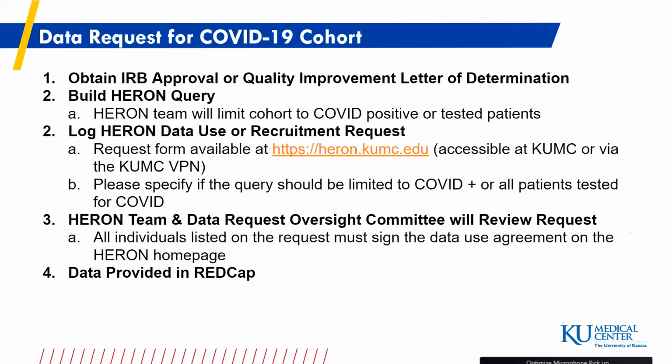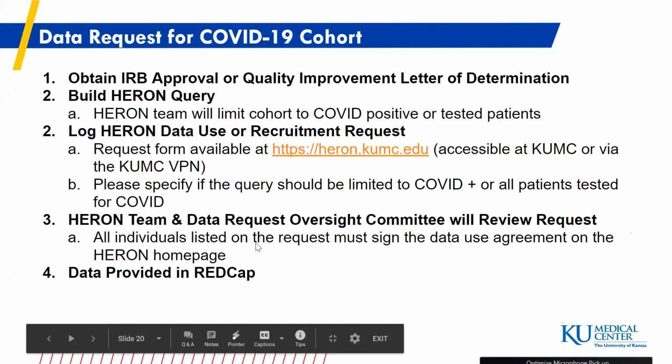You'll need to build the query in Heron, and while you're not able to limit it to the COVID positive or COVID tested patients yourself, when you log the data request on the Heron homepage, please just specify if you would like us to only include COVID positive or all patients tested, and we will limit your query for you. Then the Heron team and the Data Request Oversight Committee will review the request, and we will provide the data in REDCap.